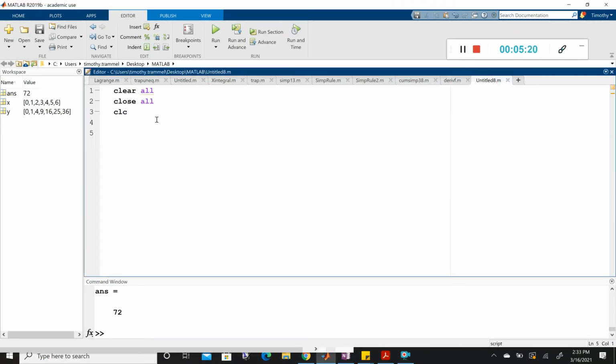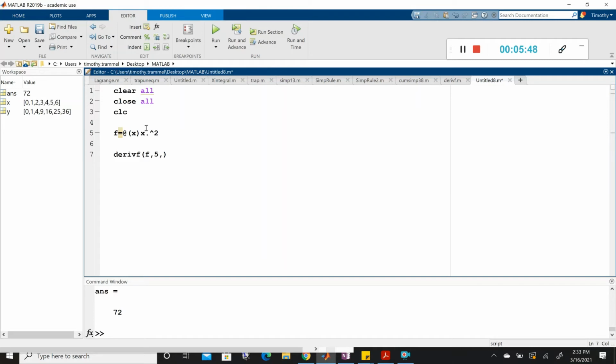Let's start off by taking the derivative of some function at a point that we can do really easily. So how about we consider the function x squared, and let's take its derivative at 5.